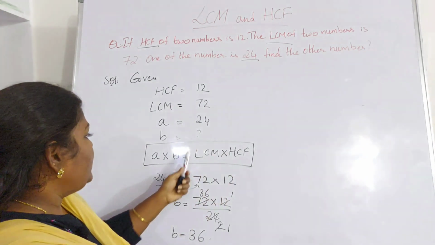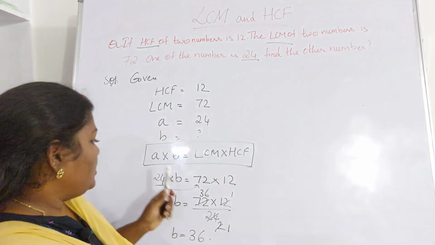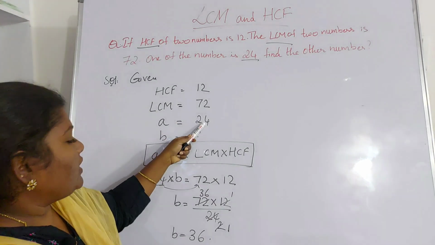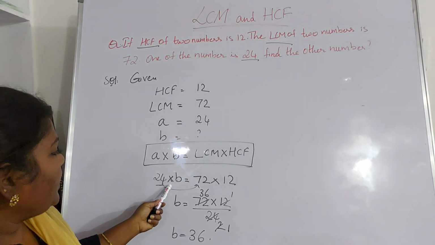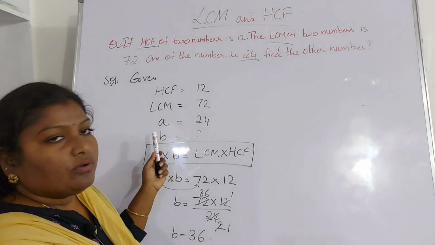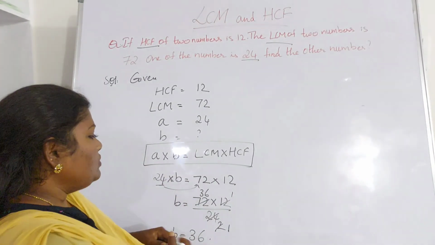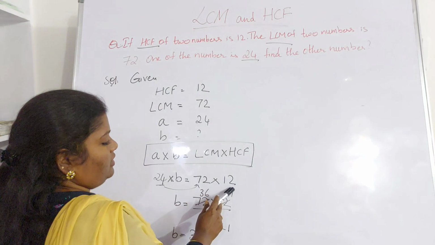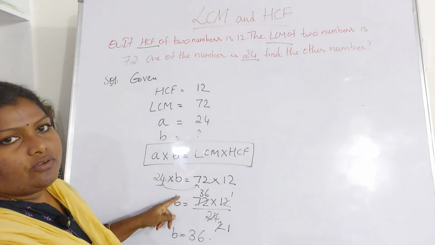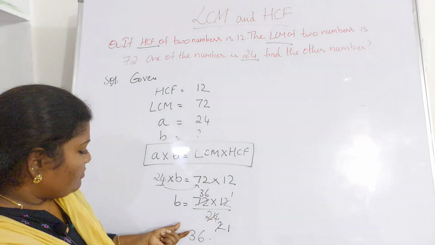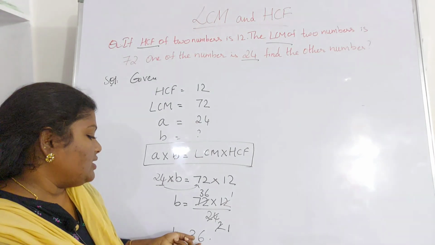A into B is nothing but the product of the numbers. Here A value is 24, so 24 into B. We don't know the value of B, so let it be B as it is, equal to 72 into 12. Now simplify it to find out B. After simplifying, we got the B value as 36.